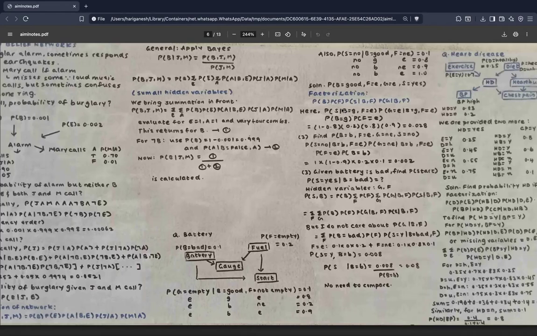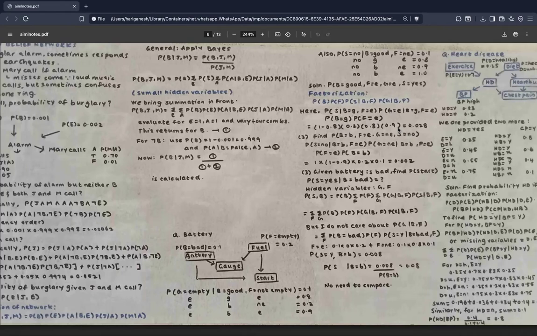We know that B is good, F is empty, G is empty, and S is yes. So we substitute all of these here and we get 1 minus 0.8, 0.2, 0.8, 0.9, and this is basically what we end up with, 0.028.